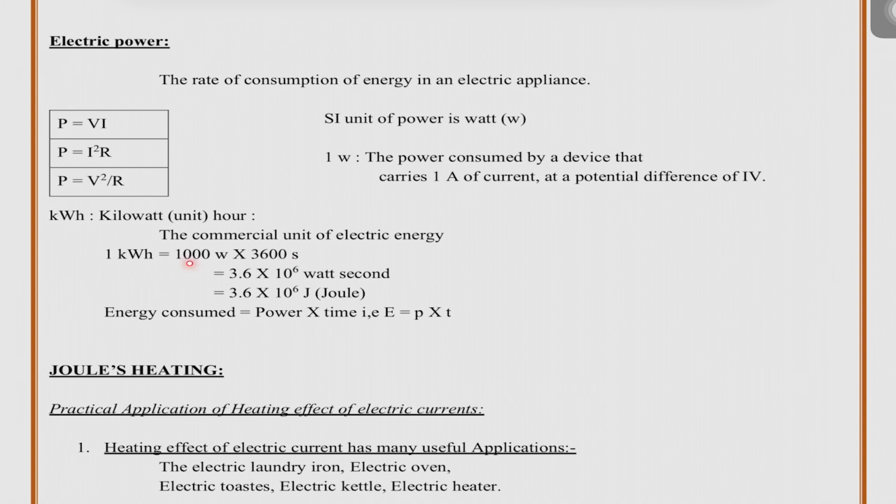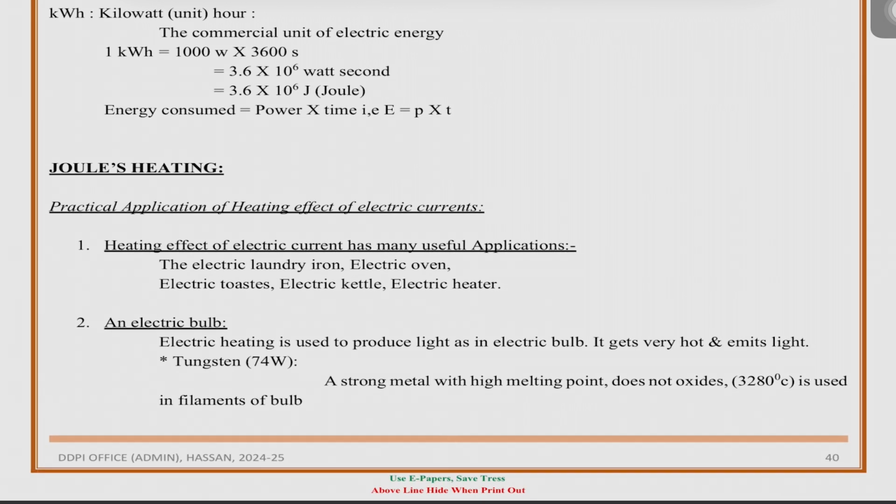So, on shifting the decimal points, we have 5 points. After that, shifting it one place to the left, we get 10 to the power of 6 watt second, which is nothing but joules. And this is a very important formula from the numericals point of view: the energy consumed is equal to power into time.